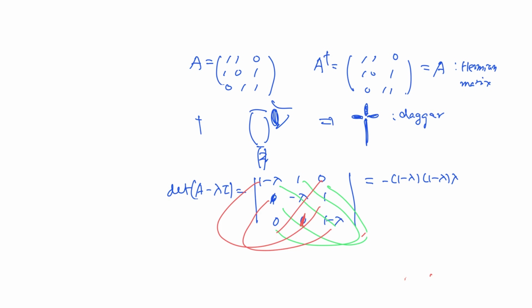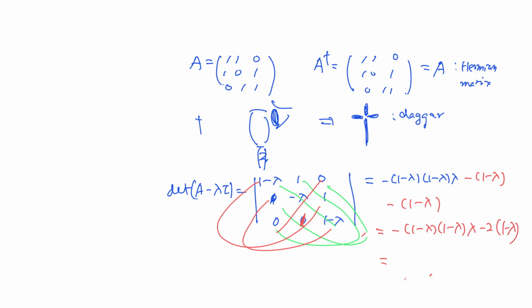But because this is 1, we have minus 1 minus lambda and minus 1 minus lambda, right? Okay. So that is minus 1 minus lambda, 1 minus lambda, lambda minus 2, twice of 1 minus lambda.